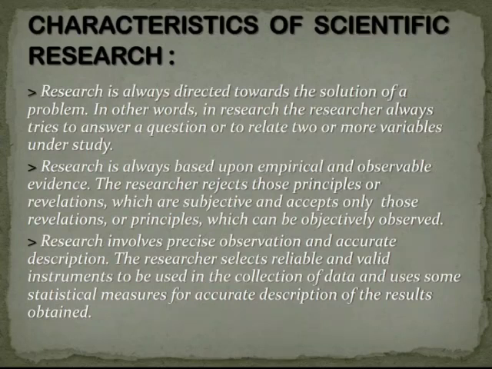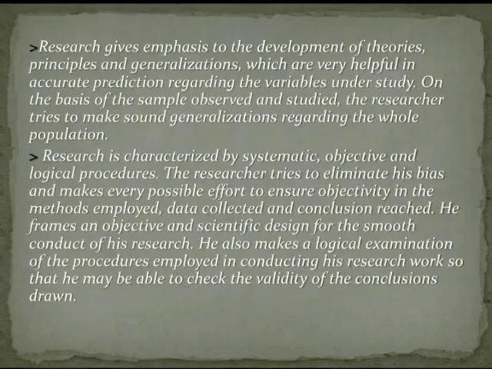And the next characteristic is: research involves precise observation and accurate description. The researcher selects reliable and valid instruments to be used in the collection of data and uses some statistical measures for accurate description of the results obtained. That is, research involves precise, very detailed observation about the data, and an accurate description.